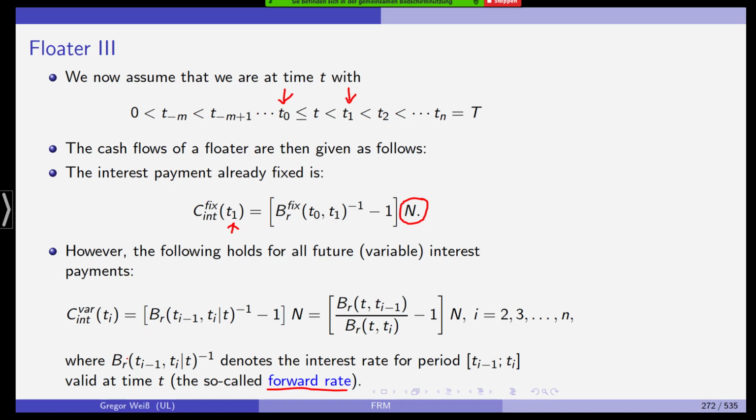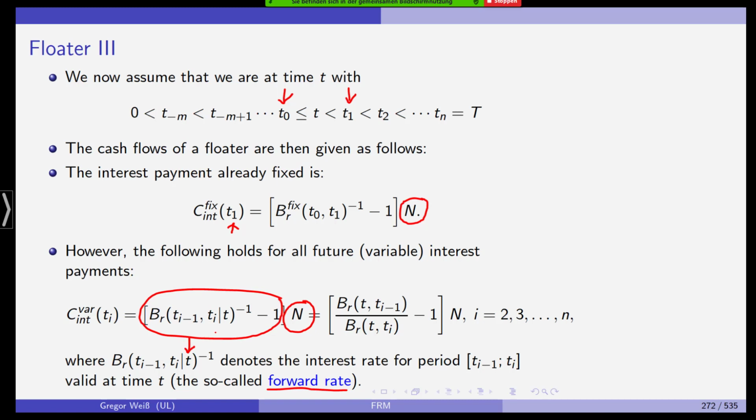That is the discount factor, aka the zero bond price, that corresponds to the future payment from Ti-1 to Ti that has already been fixed at point T. So this is the forward rate, times the notional amount, which will give us the still variable payment in the future after T1, so in T2, T3, T4, etc. And then times the notional amount, N.